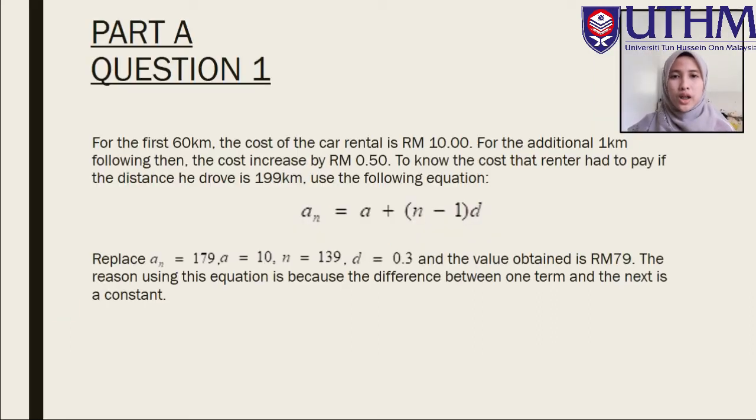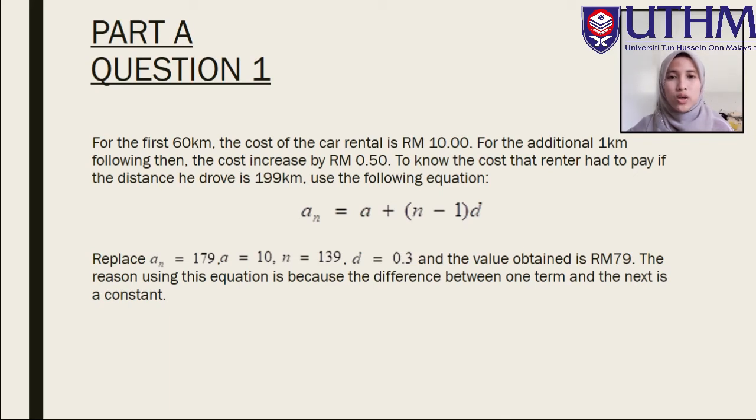First, part A, question 1. For the first 60 km, the cost of the car rental is 10 ringgit. For each additional 1 km following that, the cost increases by 50 cents. To know the cost the renter has to pay if the distance he drove is 199 km, use the arithmetic series formula: an equals a plus (n minus 1) d.